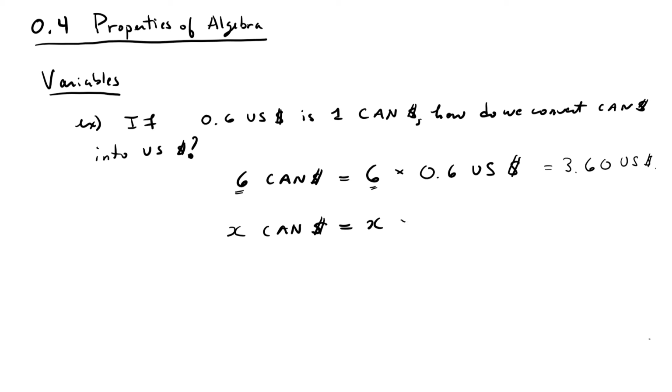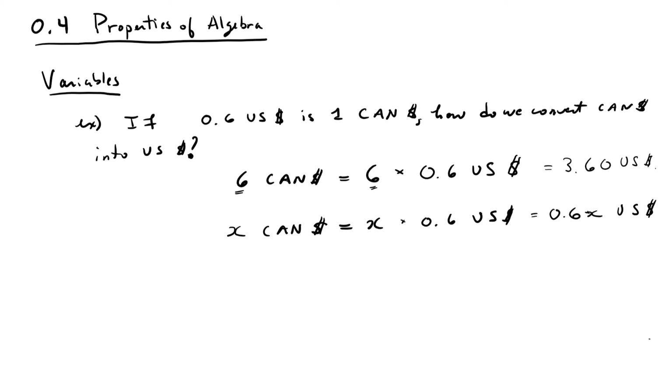It's going to be X times 0.6 US dollars. Now X times 0.6, this is where not writing the multiplication sign becomes useful. I can equivalently write this as 0.6x. You see, there's nothing that stands between the 0.6 and the x, so that means that they are multiplied.